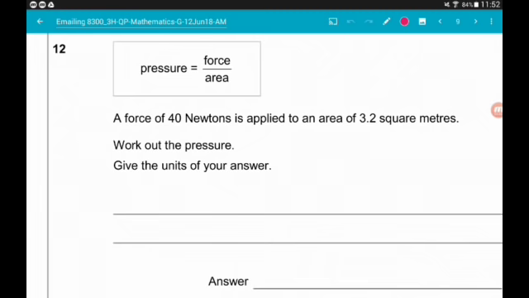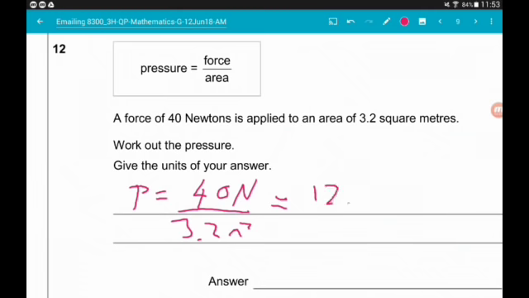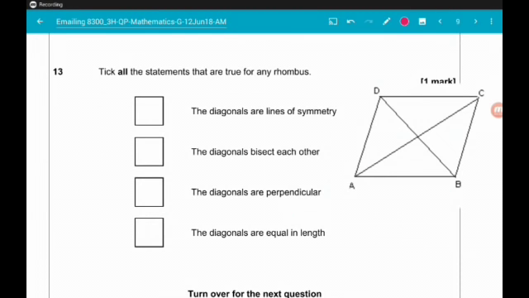So the pressure is going to be 14 newtons divided by 3.2 meters squared. 14 divided by 3.2 is 4.375. And the units of our answer is newtons per meter squared. So that's our answer.